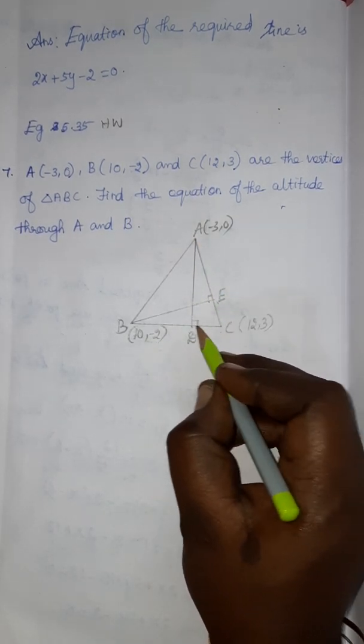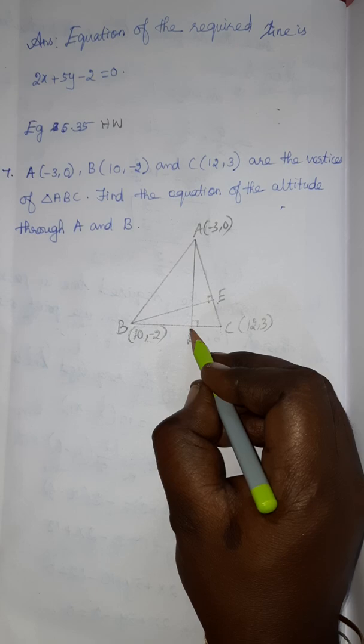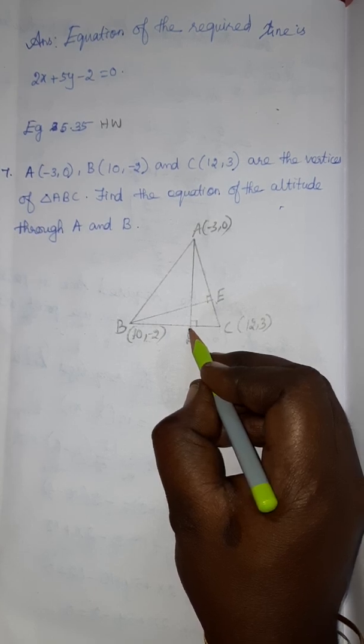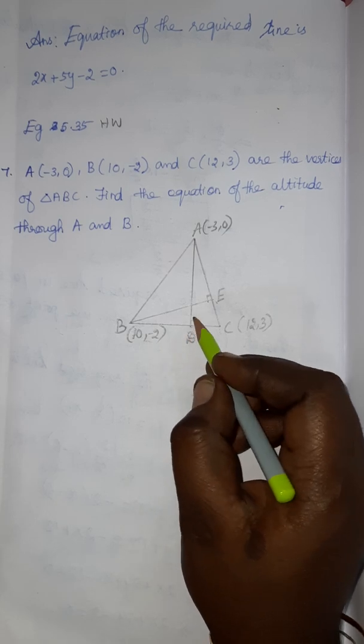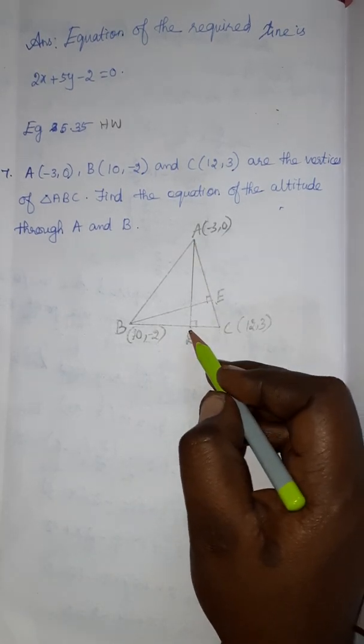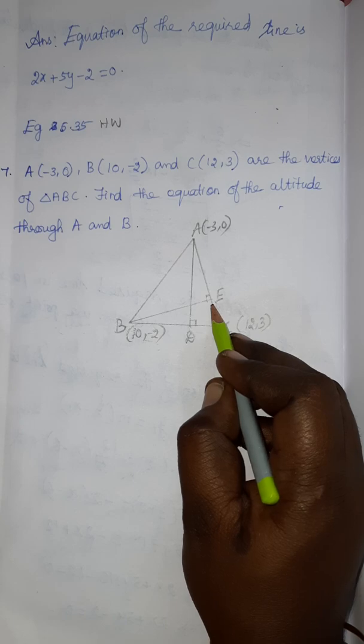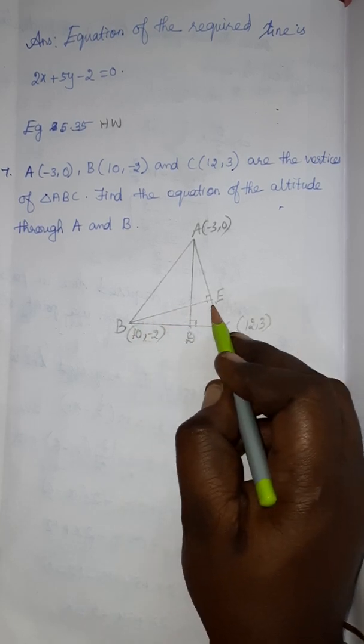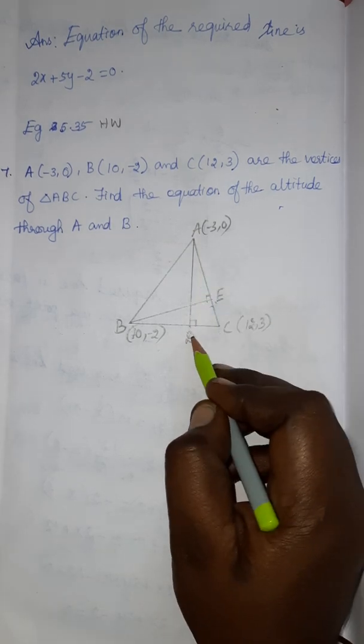So m1 into m2 equal to minus 1. You will get the slope of AD, m2, and consider it as m like the previous question. Then you can find the equation of AD. In the same way, you can find the equation of BE also. Finding BE you complete as homework. I will complete up to AD. Understood? Okay, listen now.